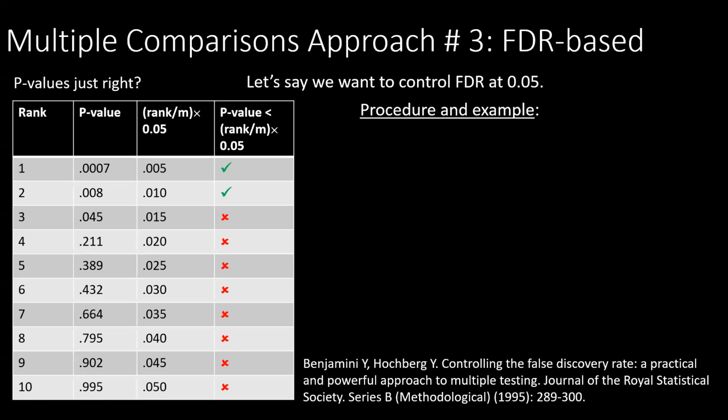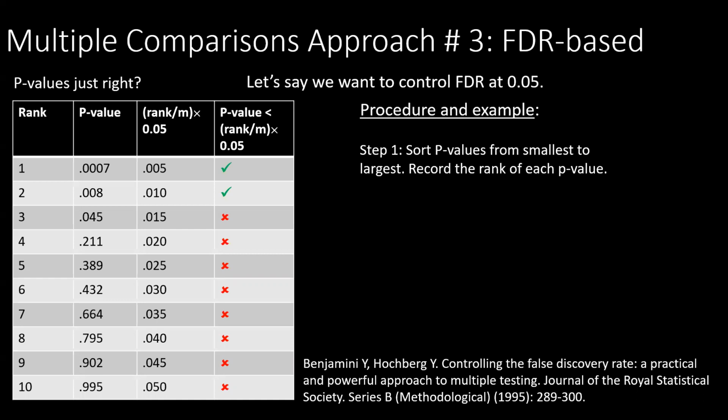So the procedure is just so. Let's say we have our 10 tests here. So in this case, m equals 10. What we would first do is sort our p-values from smallest to largest and then rank them each. So the second column is our p-value. We start with our smallest one all the way down to our largest one, and we rank them from smallest to largest.